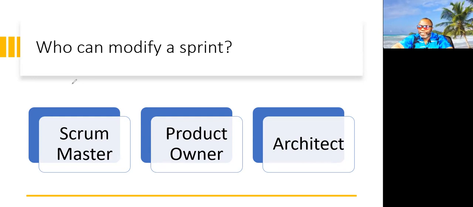The answer to this is not the Scrum Master. They can't do that. Our architect is a bogus one thrown in here from somewhere else. The answer is the product owner. The product owner can modify a sprint.